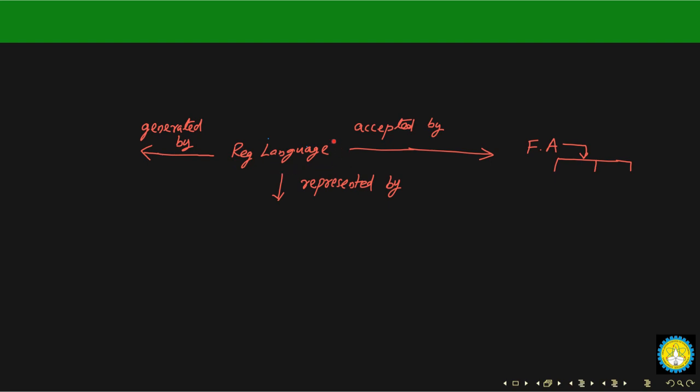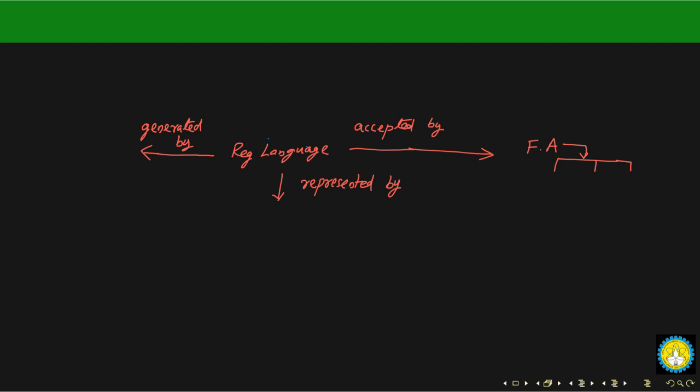We have seen plenty of examples of languages which are regular and which are not regular. And if you're given a regular language, it can be accepted by an FA. So you can actually construct different kinds of FAs for accepting a regular language. Remember that you cannot create an FA for accepting a non-regular language.